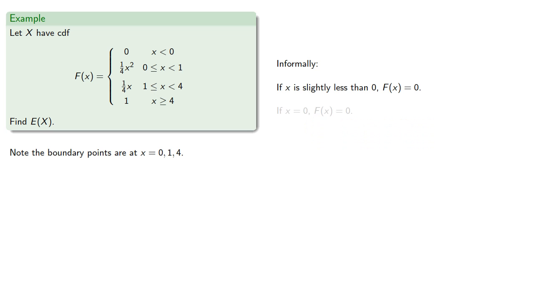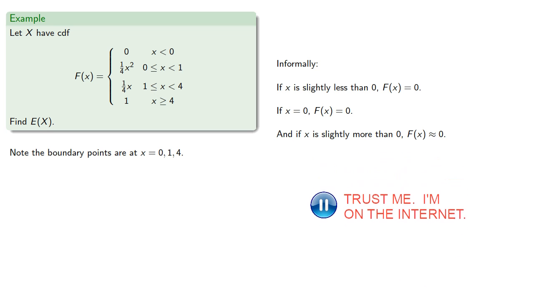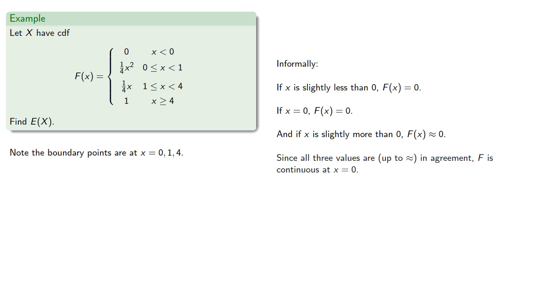If x actually is 0, then f of x is 0. And if x is slightly more than 0, f of x is about equal to 0. Since all three values are up to approximate equality in agreement, f is continuous at x equals 0.